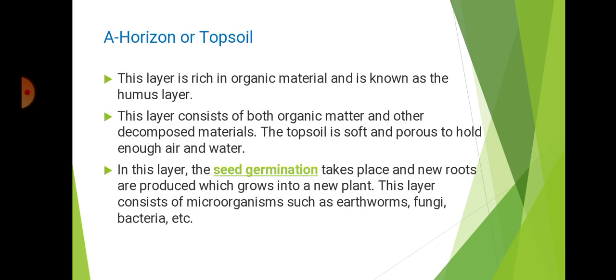And another one, the A horizon, is also called topsoil. This layer is rich in organic material and is known as the humus layer. This layer consists of both organic matter and other decomposed materials. The topsoil is soft and porous to hold enough air and water.